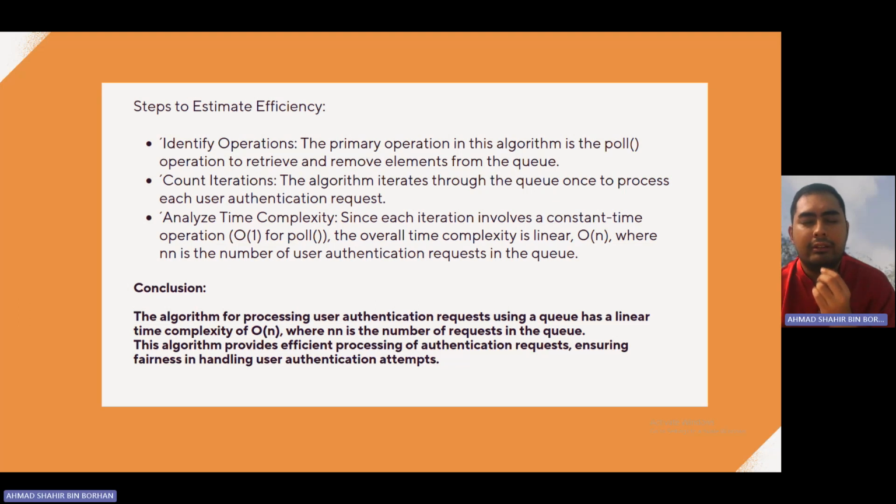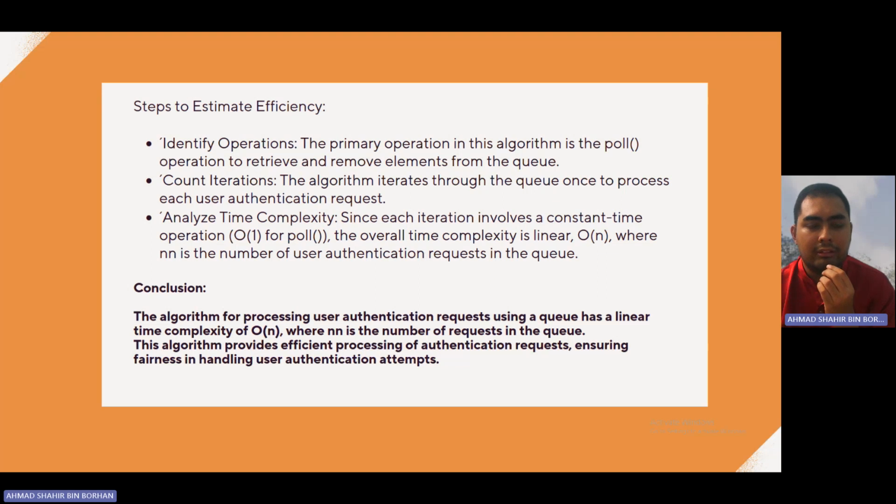The loop iteration involves a constant-time operation, one for the poll. The overall time complexity is O(n), where n is the number of user authentication requests in the queue.